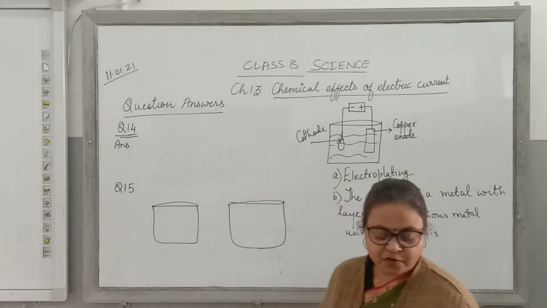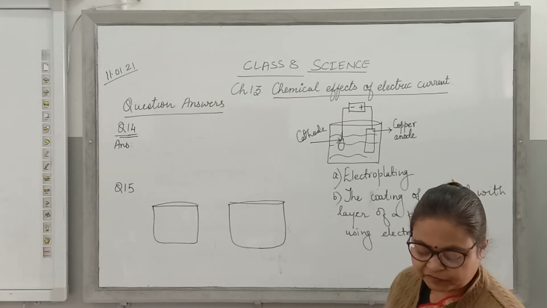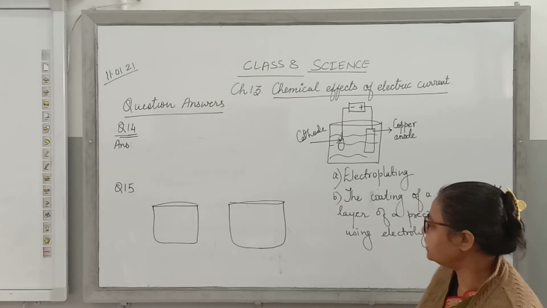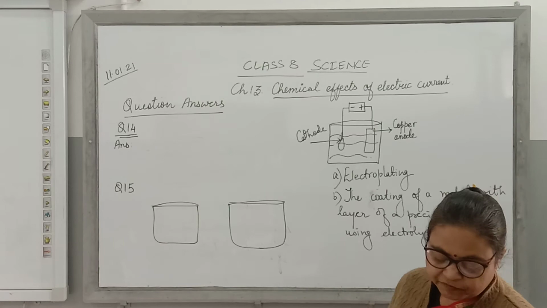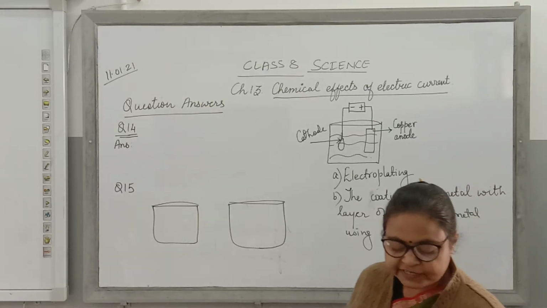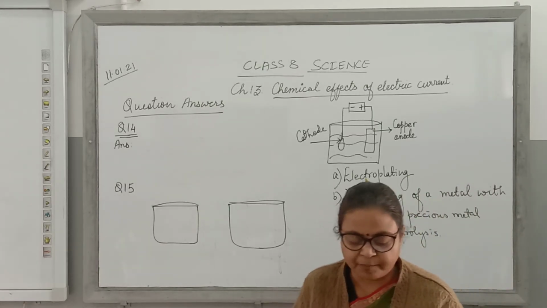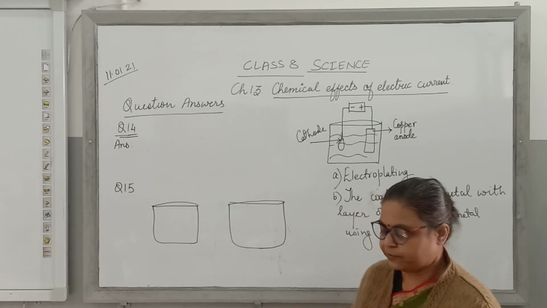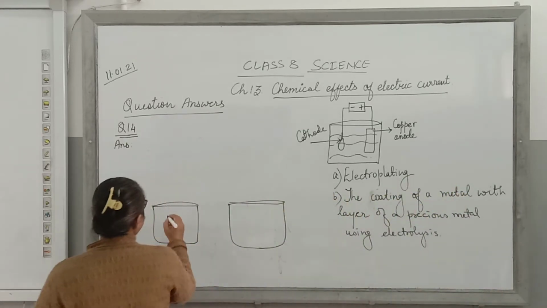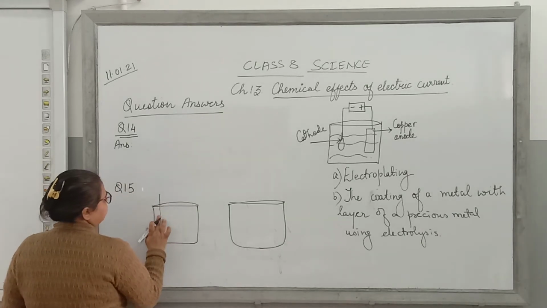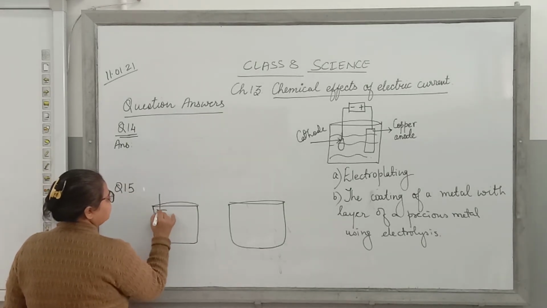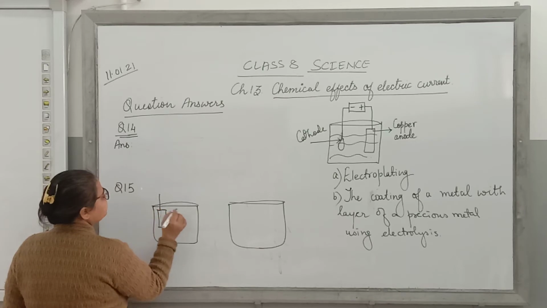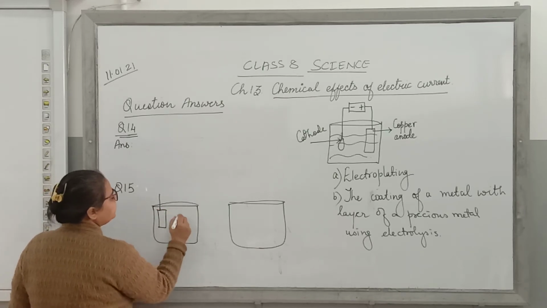Then we move on to question number 15, in which again there are two diagrams given. The figure below shows the process of electrorefining of copper. Label the parts shown by the arrows. So here we have a reddish brown metal, that should be copper in fact.